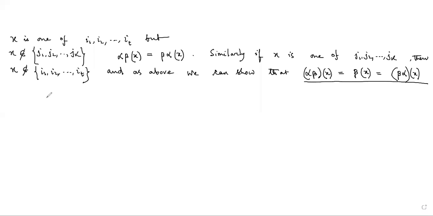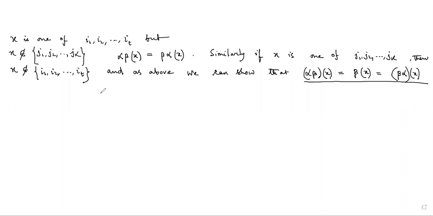Now, with respect to my previous example, when I started proving this theorem, I considered actually two cases. One case was that my element X belongs neither to the cycle I1, I2, ..., It, nor to the cycle J1, J2, ..., Jk. In that case, we showed that alpha beta and beta alpha are the same.